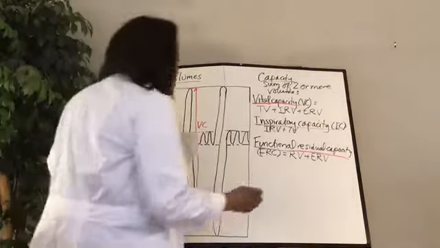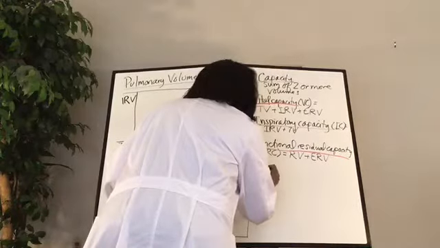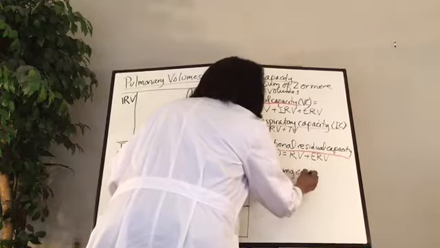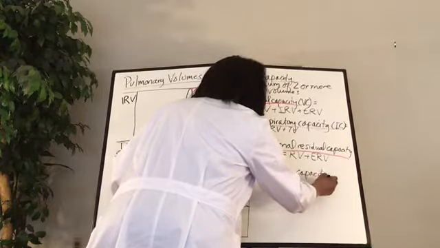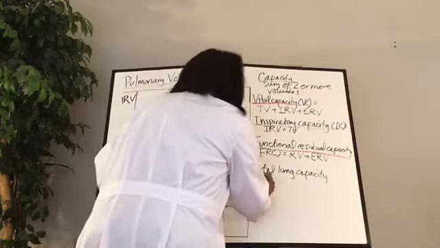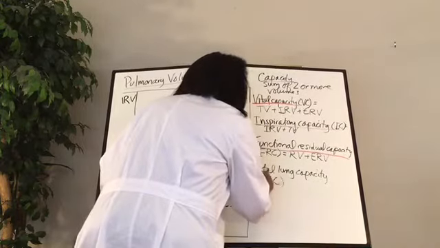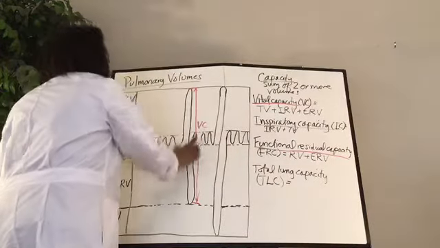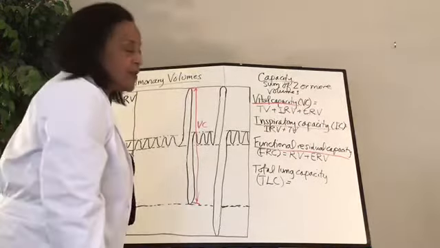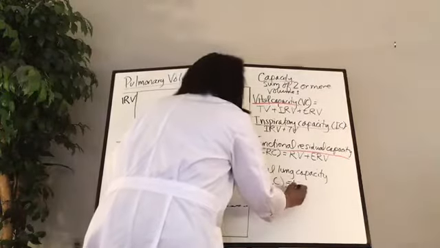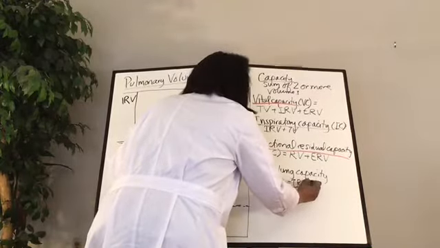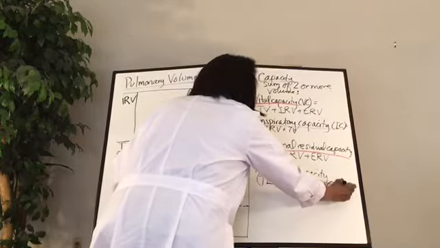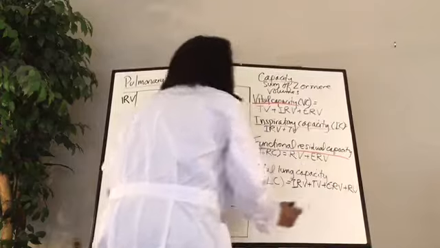All right, let's look at this one. Total lung capacity, TLC. Of course, the total lung capacity will be all of these volumes added up. So that's going to be the inspiratory reserve volume plus the tidal volume plus the expiratory reserve volume and of course the residual volume.